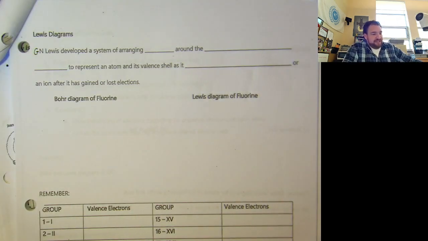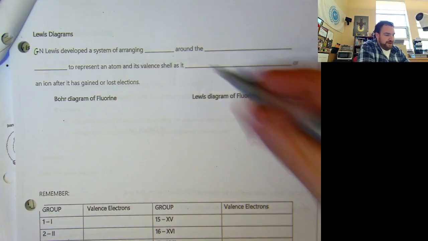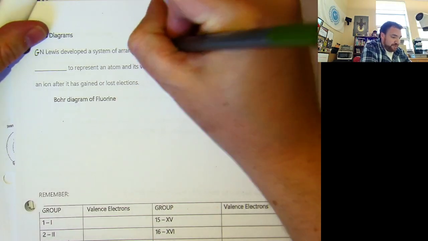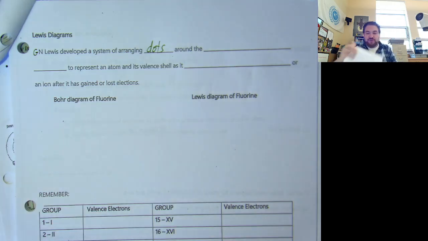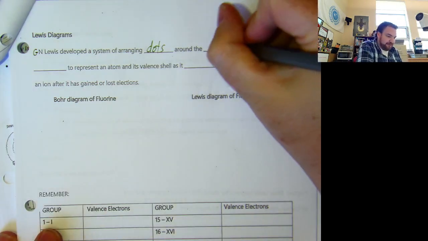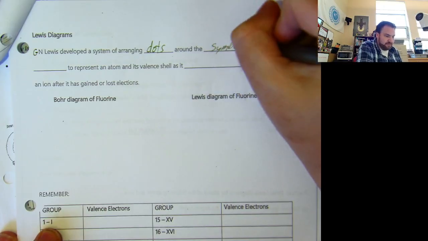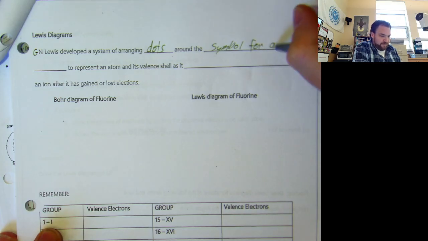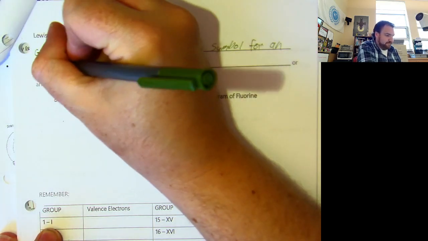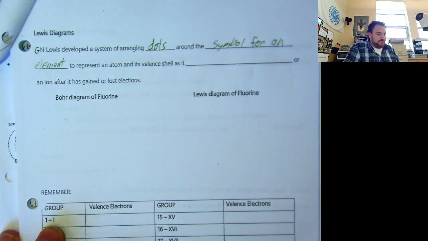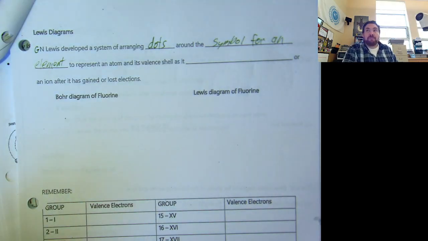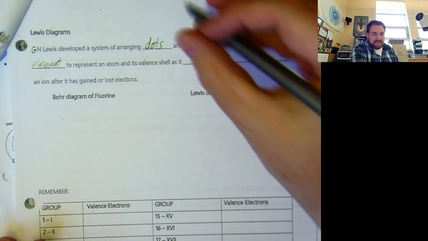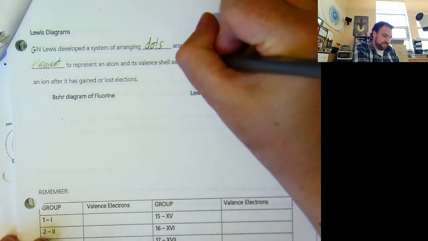So G.N. Lewis came along and he developed a system of arranging dots. We used dots before, so that wasn't really a change. What he did was he arranged those dots around the symbol for an element to represent an atom and its valence shell as it prepares to bond.